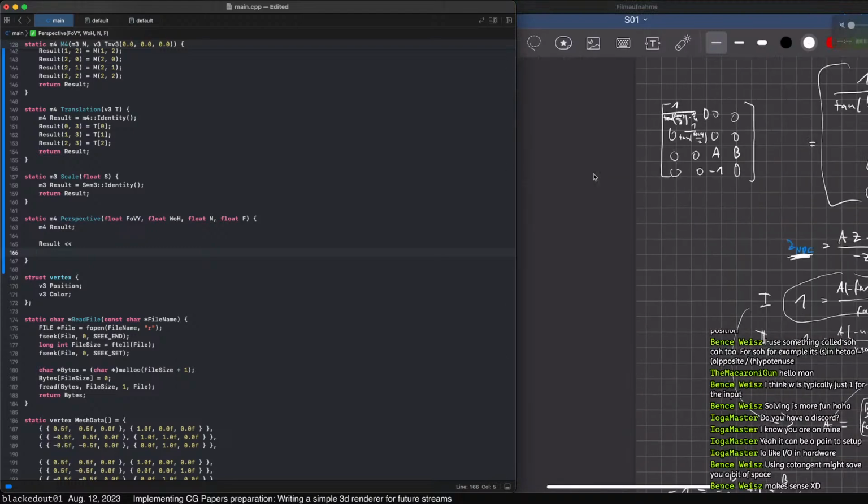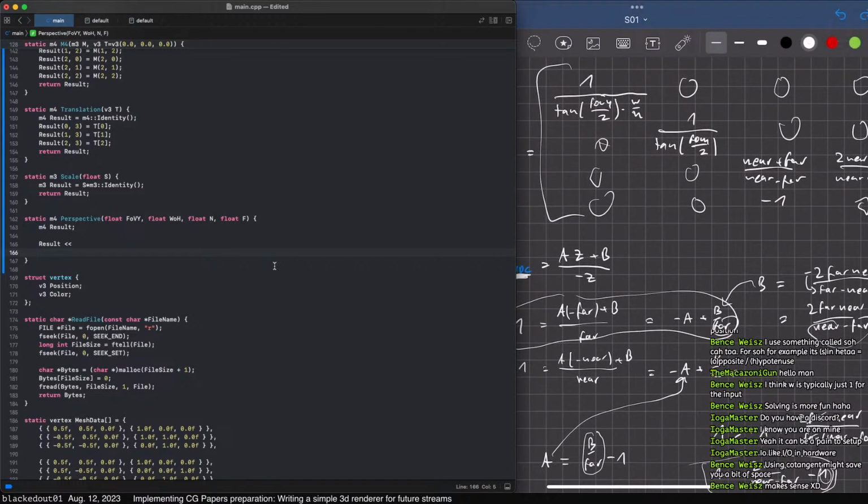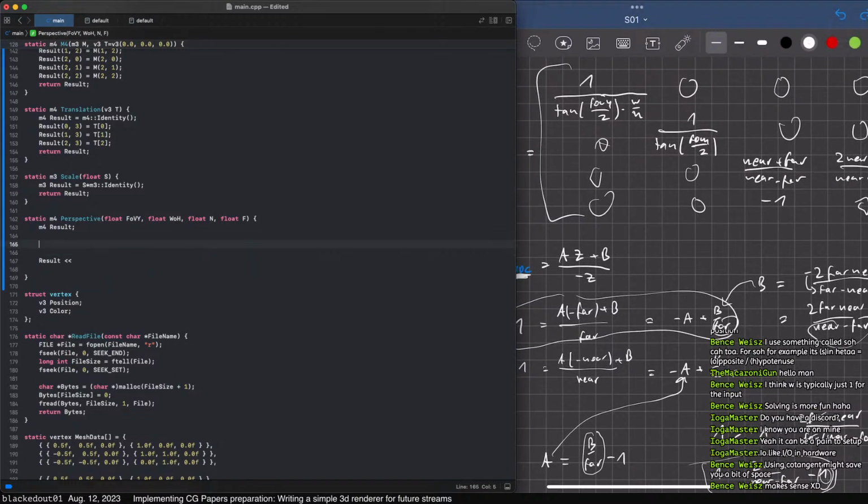So looking at the matrix, first let's compute the tangent of the half field of view angle. Field of view y divided by 2.